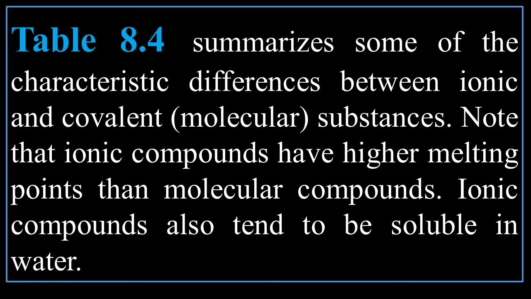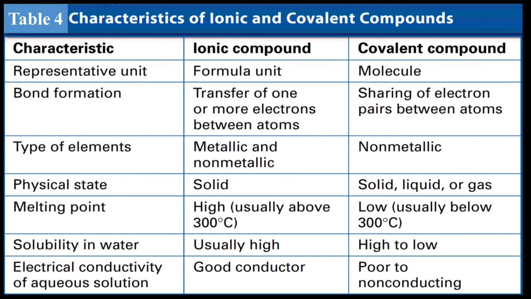Those are just two of the differences between ionic and covalent substances. Table 8.4 will become very important as we proceed with chemistry. You should look it over, be very familiar with it, and be able to answer questions relative to the differences and the similarities between ionic and covalent substances.